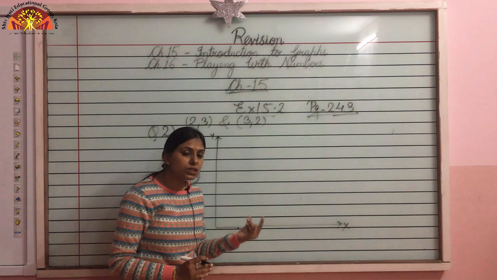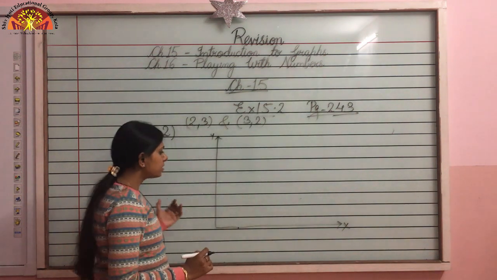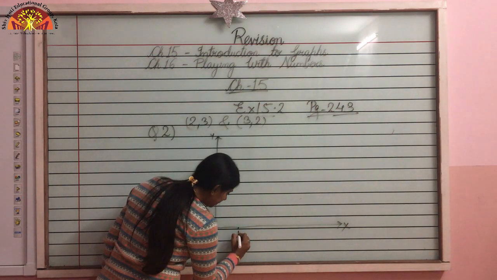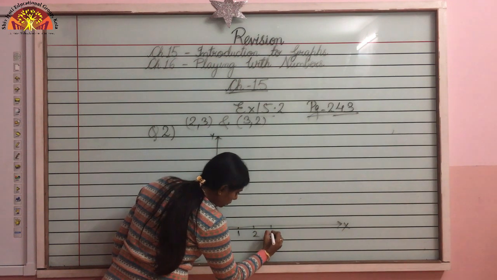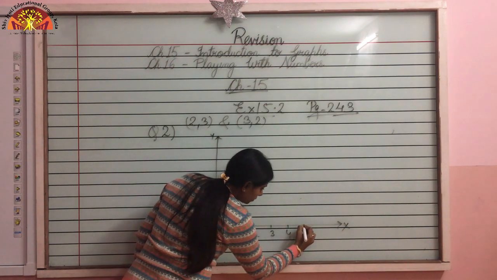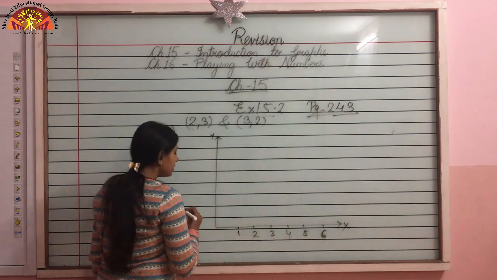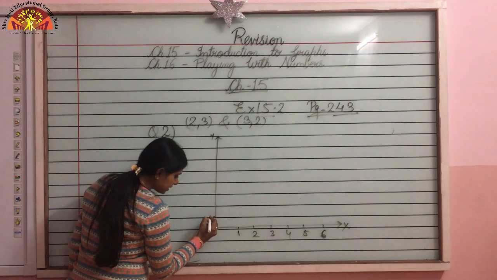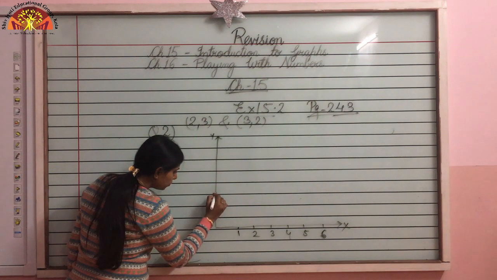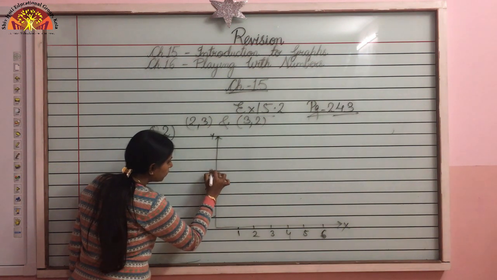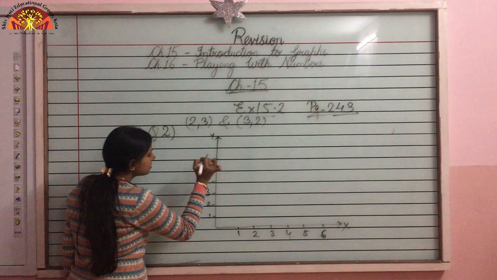That means you have to determine the meeting points. So we will extend the limit. So 1, 2, 3, 4, 5 and 6. Okay. Similarly, I am taking the points on the y-axis 1, 2, 3, 4, 5 and 6.